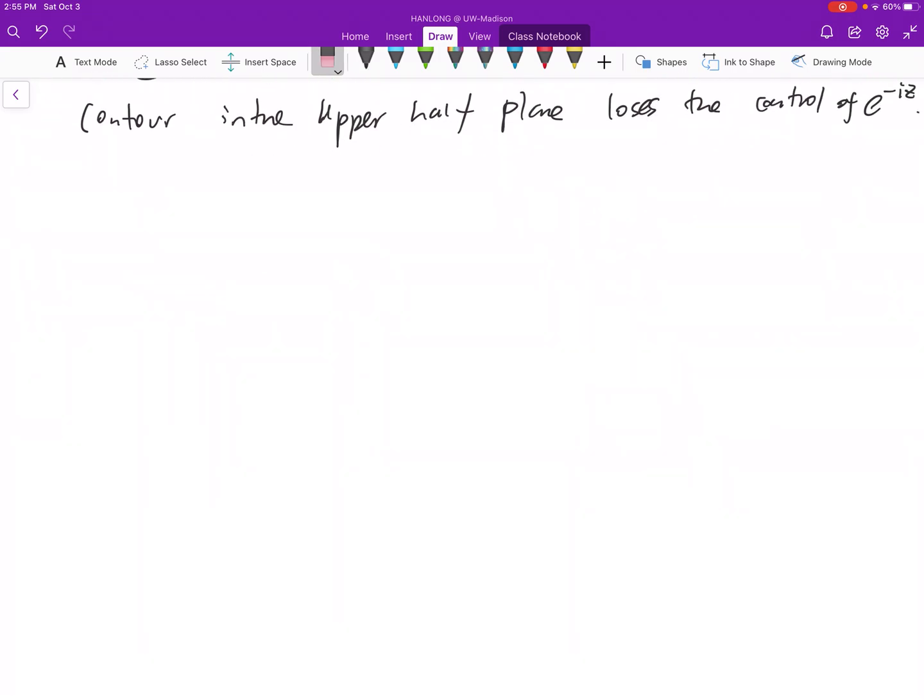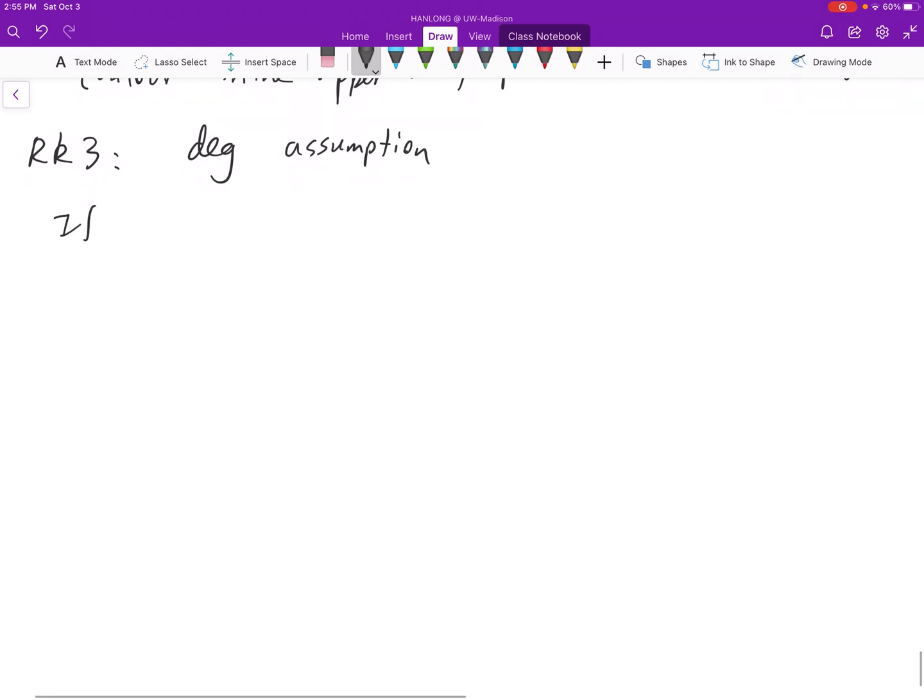But then more subtly, the degree assumption: if we bound exponential i z by 1 in the upper half plane, then you have some trouble. What is the trouble?